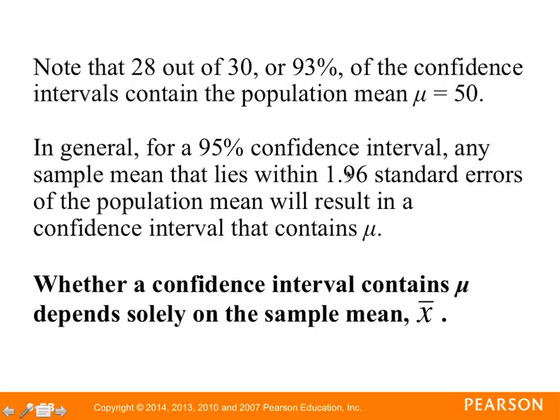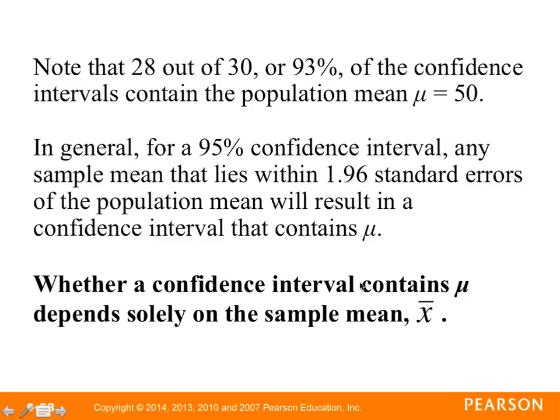Now, in general, for 95% confidence intervals, any sample mean that lies within 1.96 standard errors of the population mean is going to result in a confidence interval that contains mu. So this is pretty close. We got 93% compared to the 95% confidence that we wanted. And probably if we took a few more samples, we would see that we would get 95%.